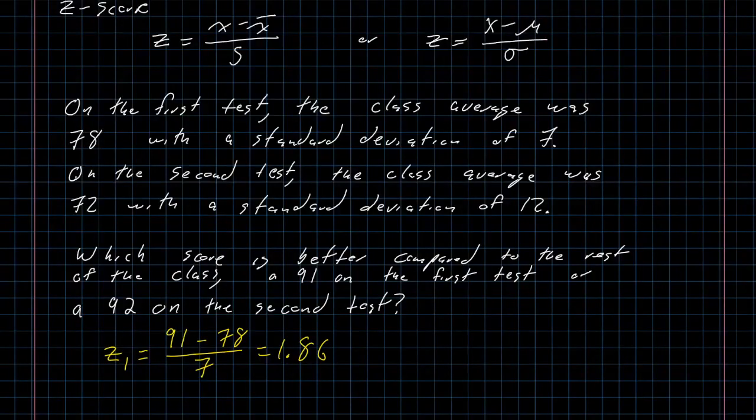Then, on the second test, we'll call that z sub 2. The score we care about is a 92. The class average was a 72, and the standard deviation was 12. 92 minus 72 is 20. 20 divided by 12 is 1.67.